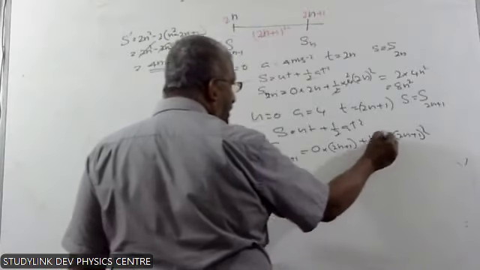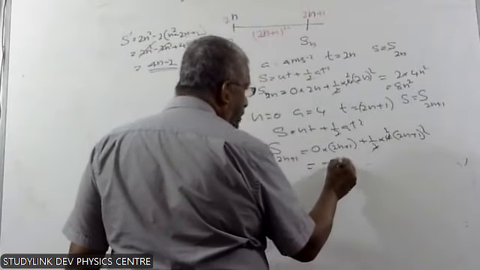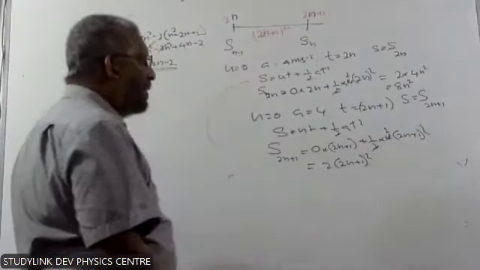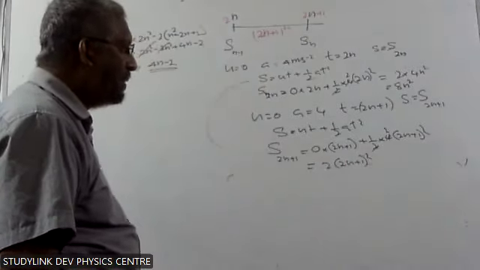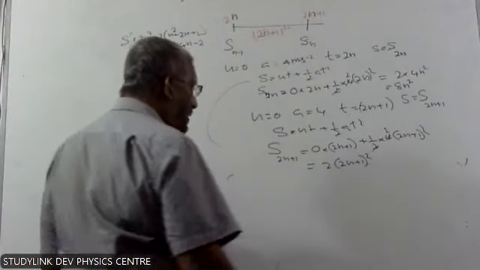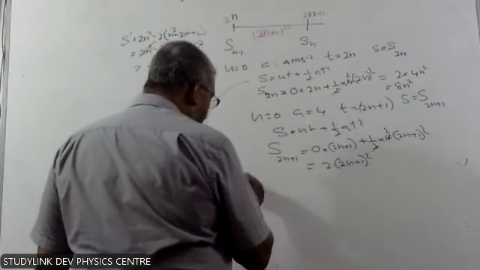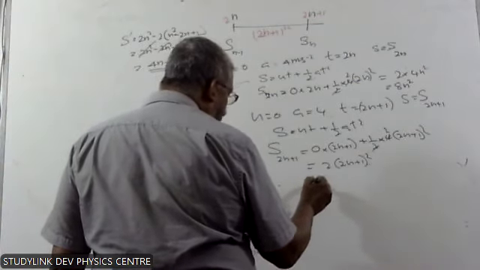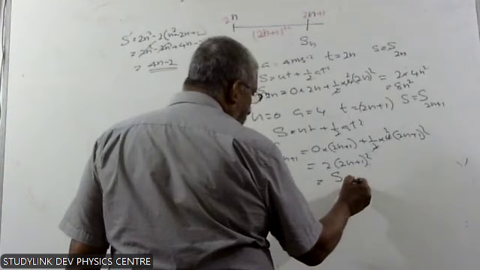This is 0, this is 2. Then the answer is 2 times (2n plus 1) squared.